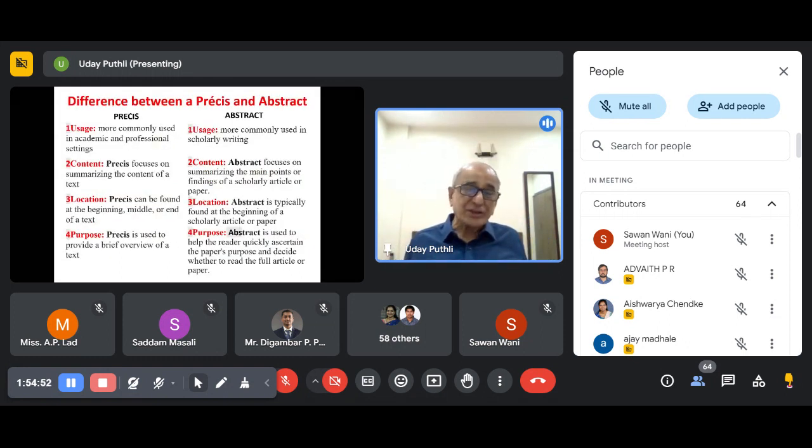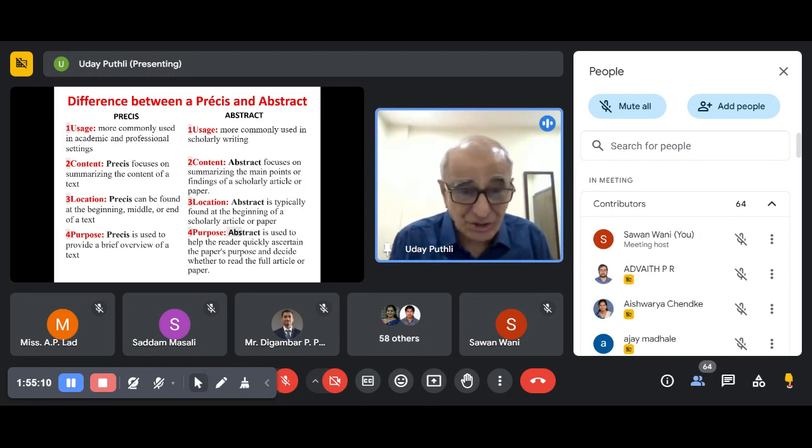Now, what is the difference? First of all, there's a difference in usage. A précis is more commonly used in academic and professional settings, whereas an abstract is for scholarly writing. These are general things. Now, what is contained in a précis? What is written in a précis?